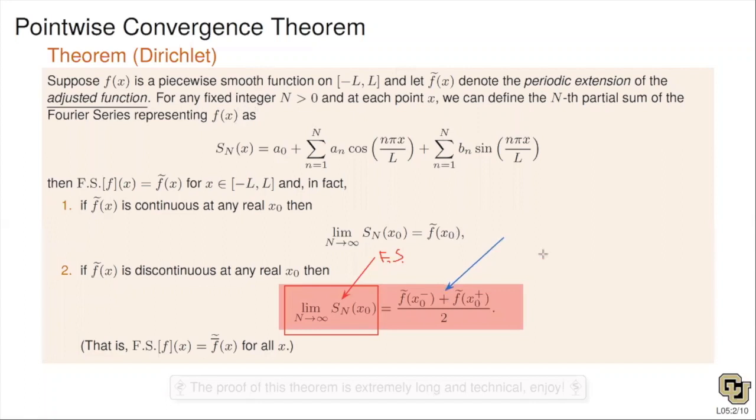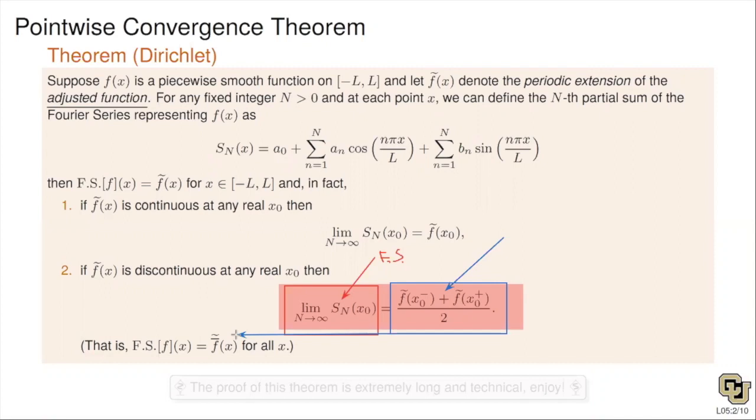So this is called the adjusted version of the periodic extension of F. You should think of this average as just what we call F tilde, F bar tilde. F tilde is the periodic extension part.